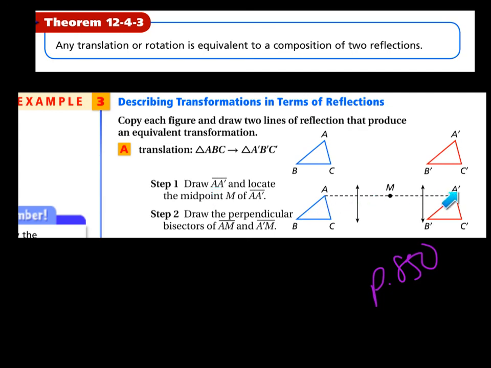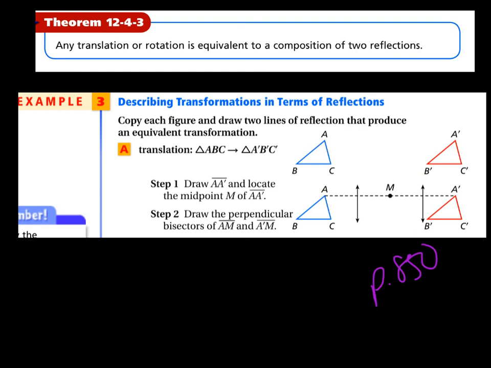Now you could do B to B prime, C to C prime. A to A prime. We then locate the midpoint, which we can call M. Then we can draw perpendicular bisectors of AM and MA prime, and we draw our lines of reflection. So this is your line of reflection, this is your other line of reflection, and we're done.